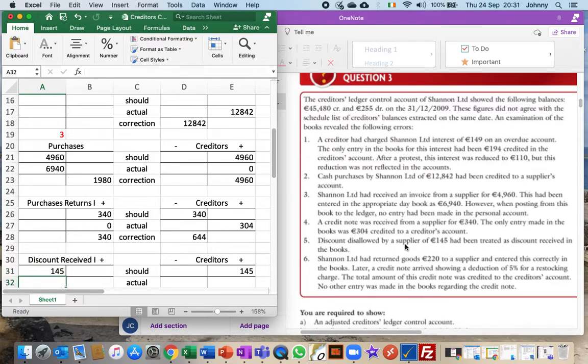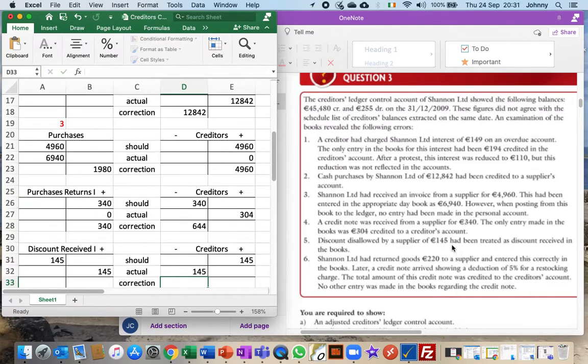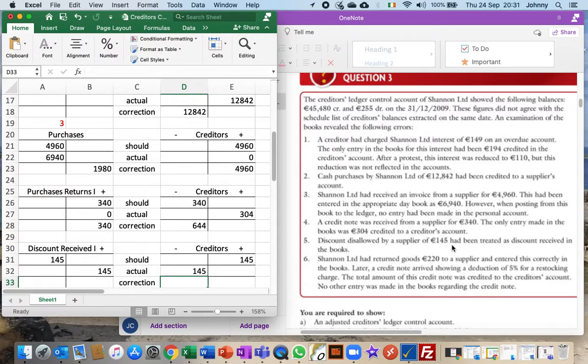Now, it was treated as discount received. So I put it into the books as 145 plus, as in I got more discount and I owe less money to my creditors. So to cancel it, I put 145 in to cancel my mistake and another 145 to do what should have happened in the first place. So I actually put 290 in both places.